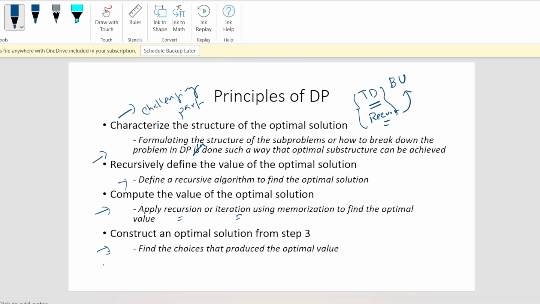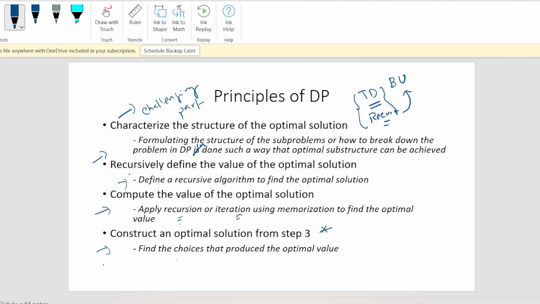And finally, this is an optional point. So if this point number 3 produces the optimal value, now if I also need to know for what choices we found the optimal value, we can also find it by saving the choices at every step.